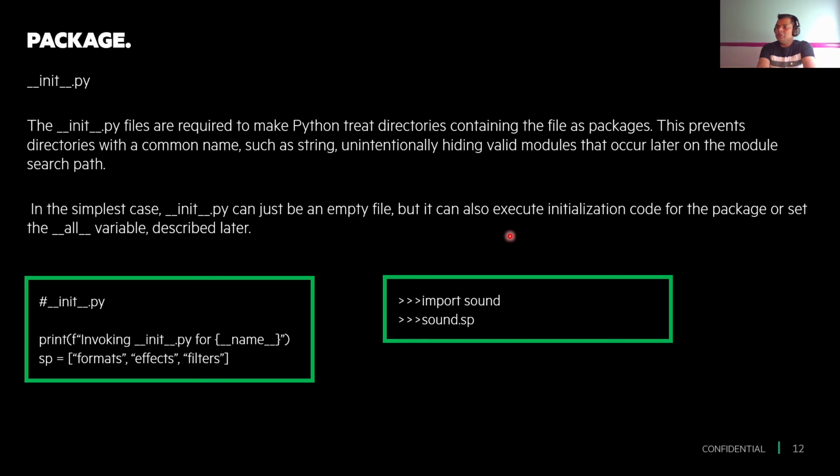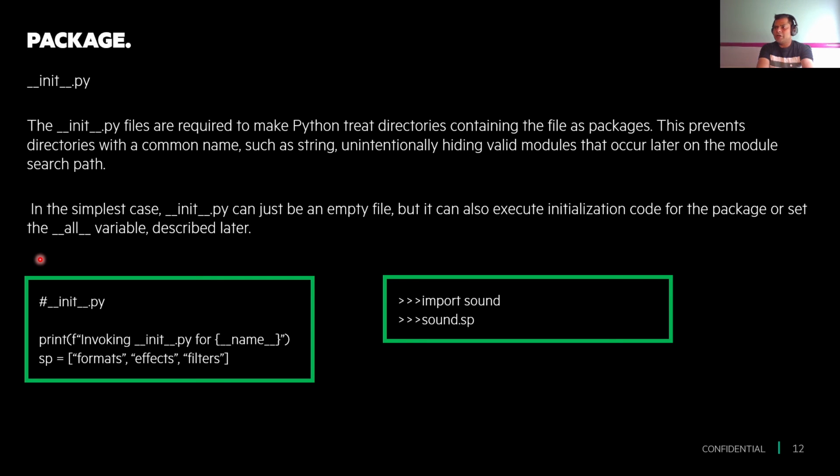It can also execute initialization code. Many times, before importing something, we want to set a variable, and we can do those things inside __init__.py. In this sample program, I have used __init__.py and am just saying that whenever I import any of the modules, it should print some messages about the namespace. And that's what we are doing.